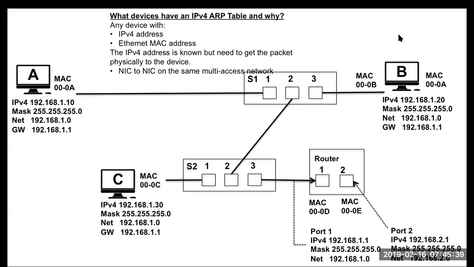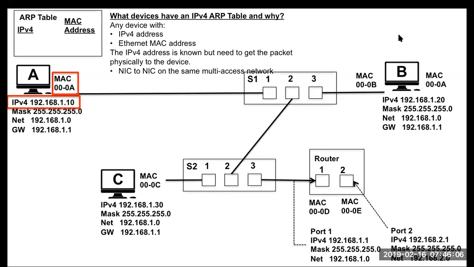We're going to talk about ARP tables and MAC address tables more in a moment, but let's also take a look at what devices here would have an ARP table. Just kind of getting ahead of myself here. I was just going to talk about MAC address tables, but I'm not done with ARP tables. So what devices have an IPv4 ARP table? Devices with an IPv4 address and an Ethernet MAC address.